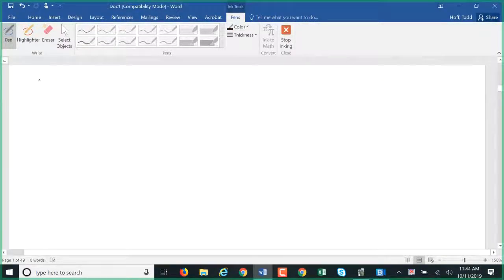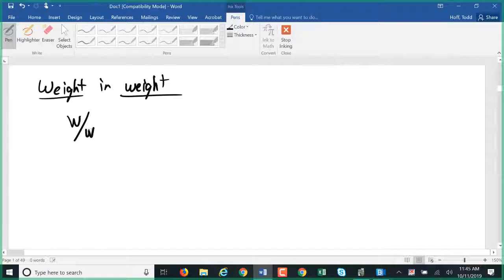So another form we use is weight, abbreviated W/W. We talked about the sloppiness of our measurements and our terminology in the last unit.